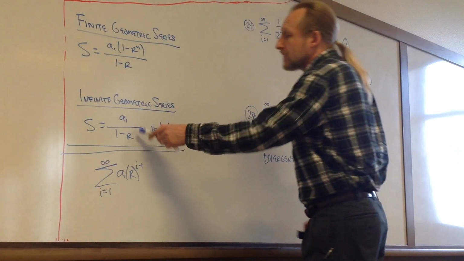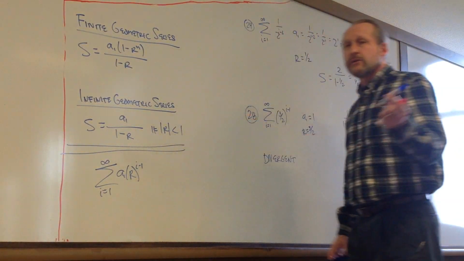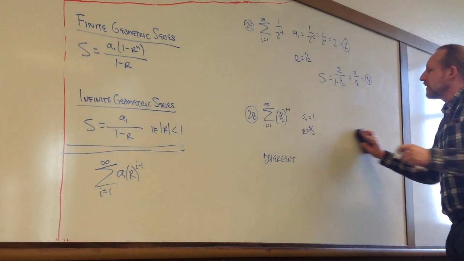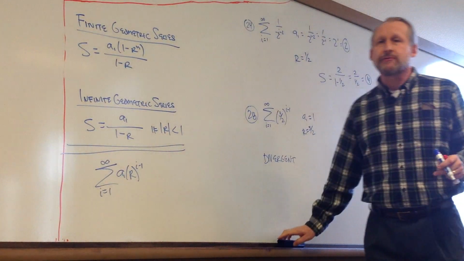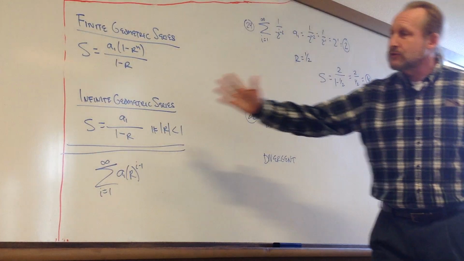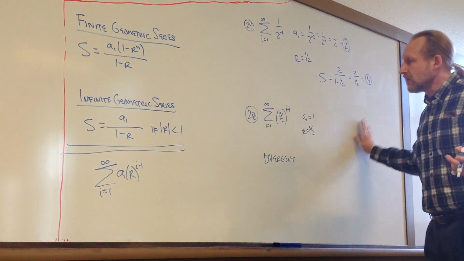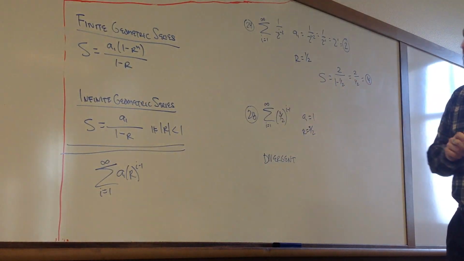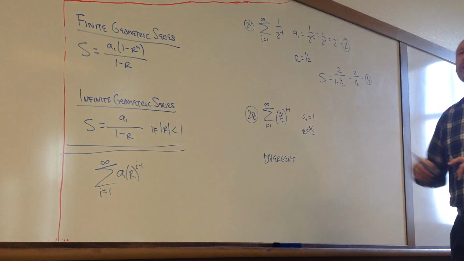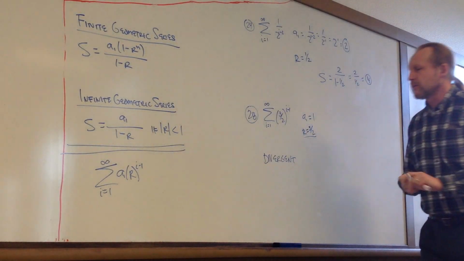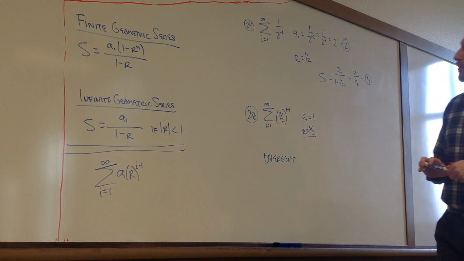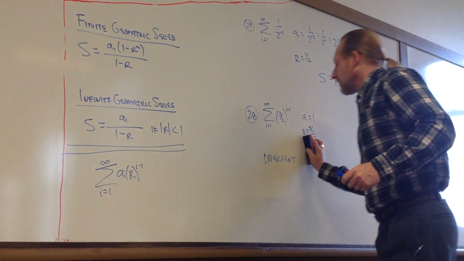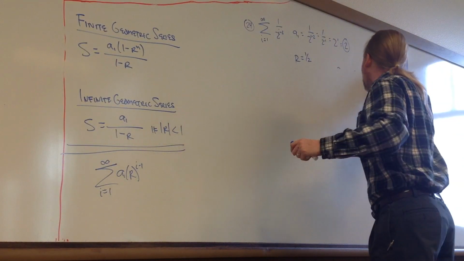So this formula doesn't work if r is greater than 1 or less than -1. It's one of those things you just have to recognize, right? If you go ahead and use the formula, you'll get a wrong answer. The key is to recognize that the formula is not going to work in this problem, because our r value is greater than 1. Okay, so problem 28 is divergent. Well, let's keep going.